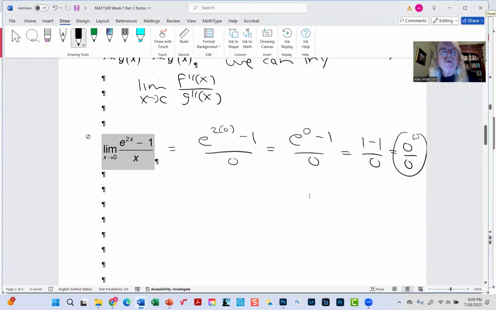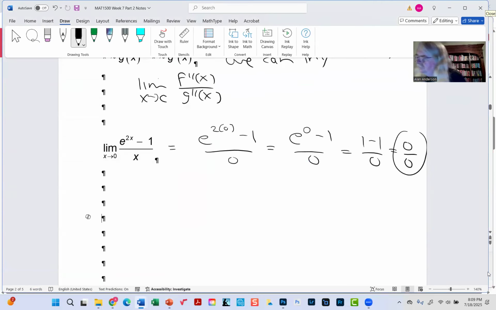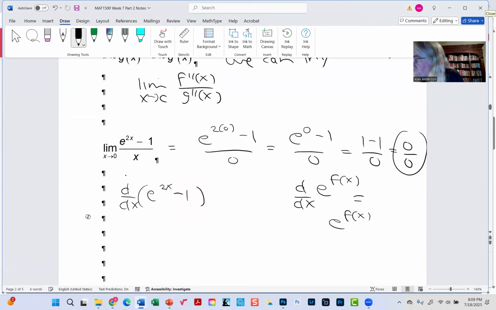So what would happen here? Now remember, in the numerator, just a quick reminder, the derivative of e to the f of x is e to the f of x times f prime of x.